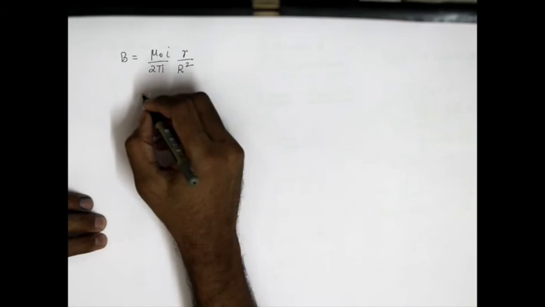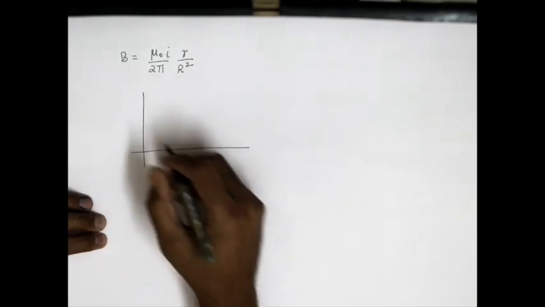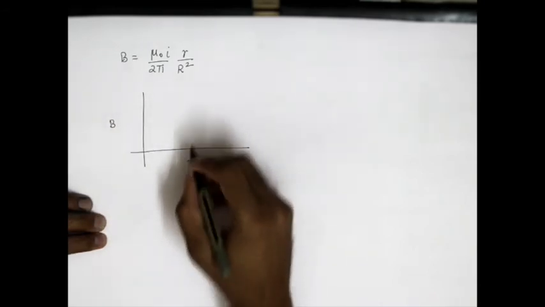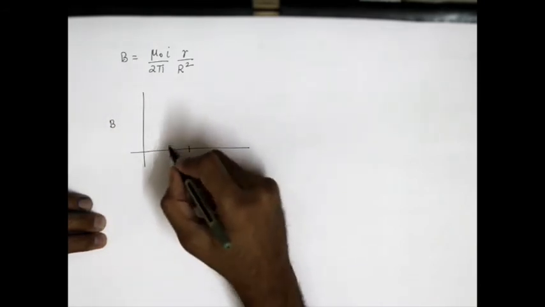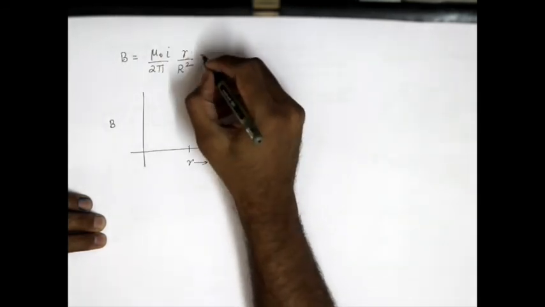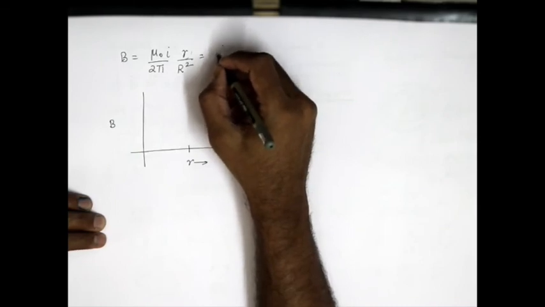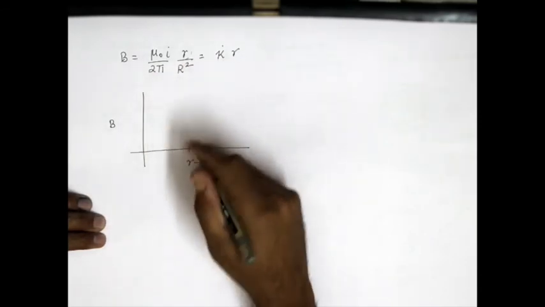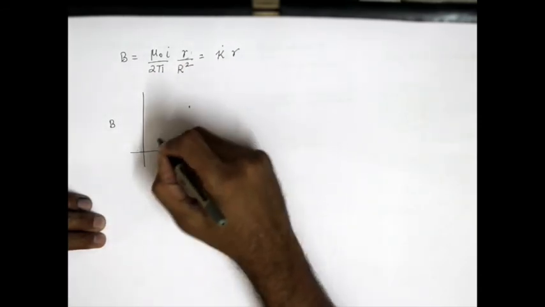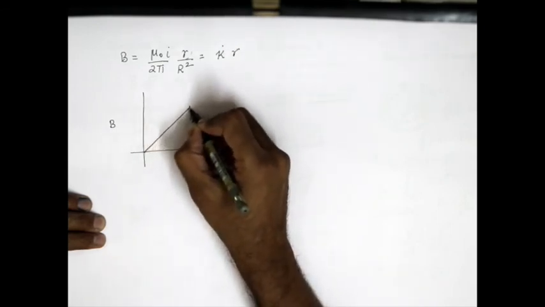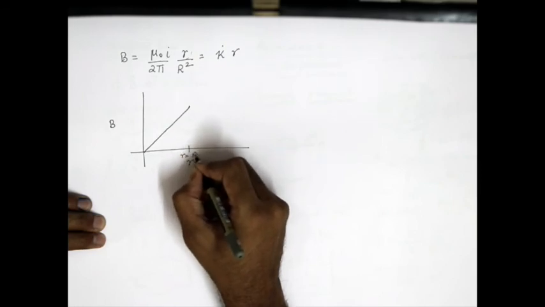Now looking at figure 33.33, we can notice this is the value r and this is B. As you can see, if r is the variable, all these are constant. This is of the type k into r. So this is like y equal to mx. So it will be a straight line up to small r equal to capital R.